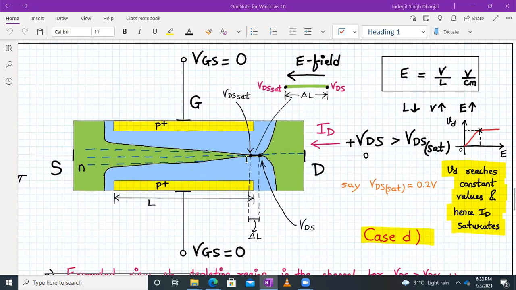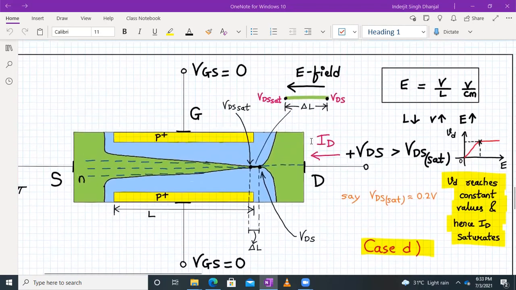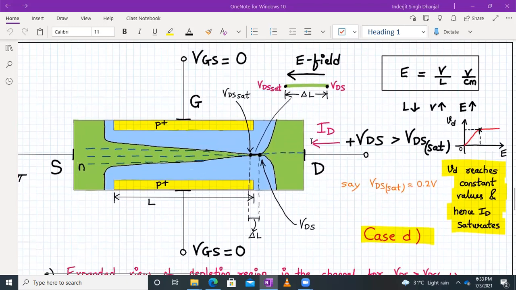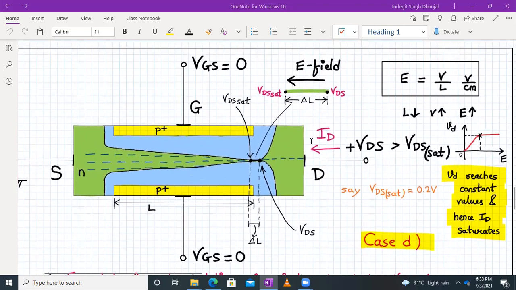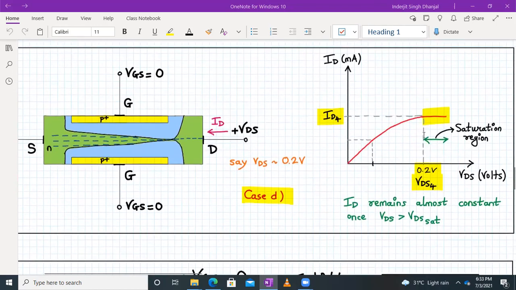We can say that in this condition the device behaves as a constant current source, and the JFET is fully turned on. Fine. So this explains why the current remains almost constant once it reaches the VDS sat value.